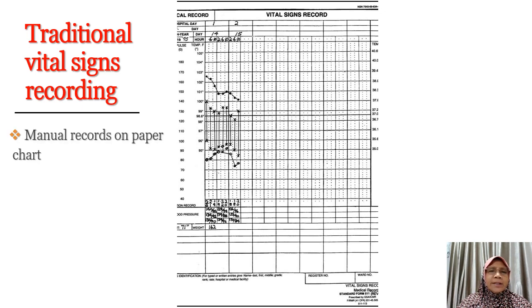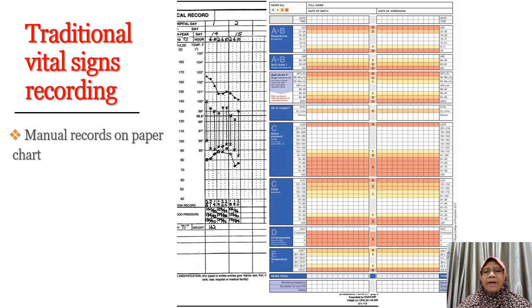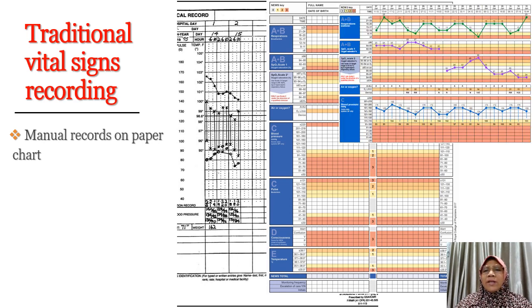And then they have the second version, or an improved version of the vital sign score, where they have improved in terms of putting color coding in the vital signs record. And for each of the scores, they still have to manually jot down the values of each of the parameters.